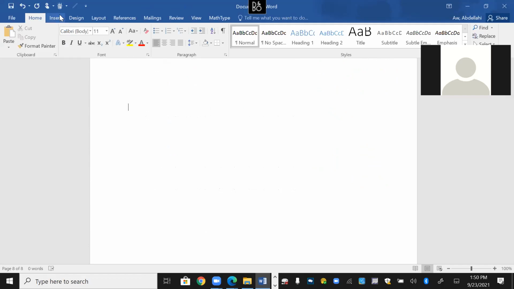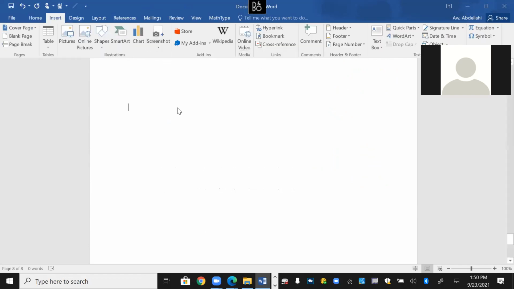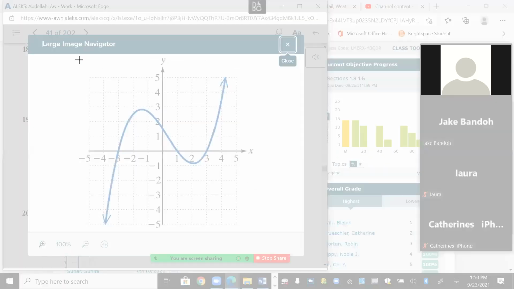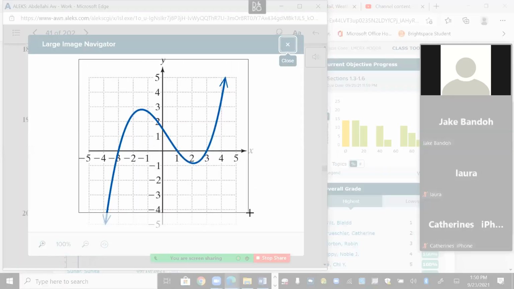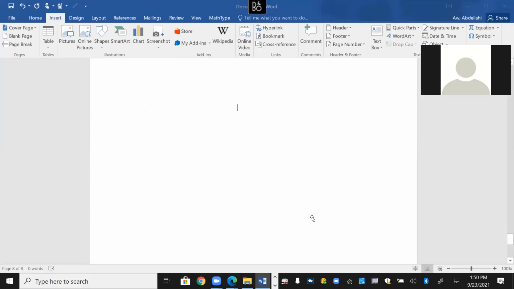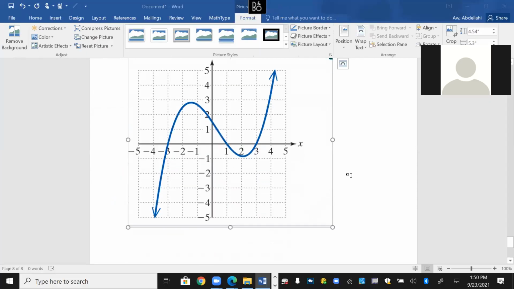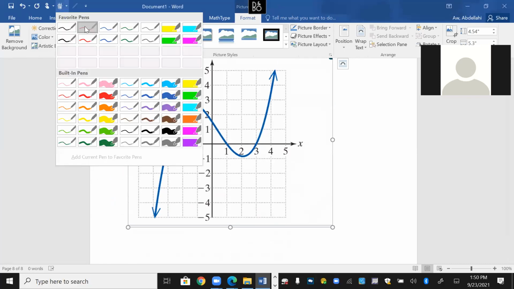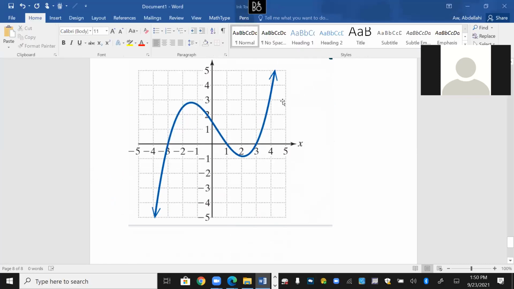Okay, now everybody, I stop my graph here. I stop my graph here, and I stop my graph here. Okay, so this piece is not part of it anymore. What is the domain? What is the range?